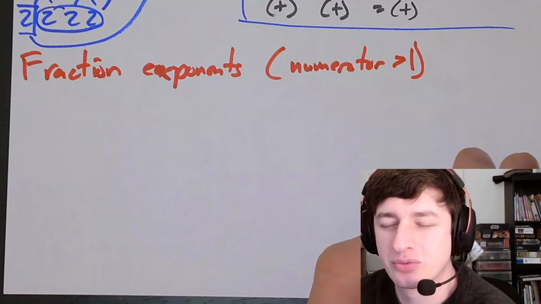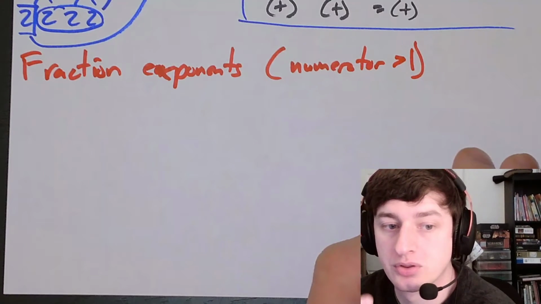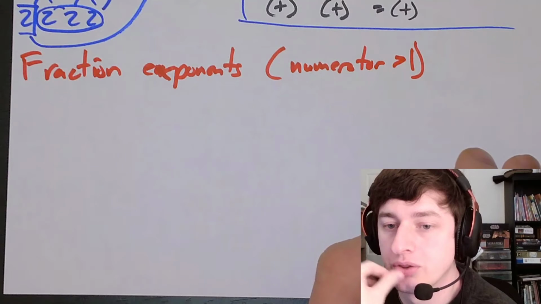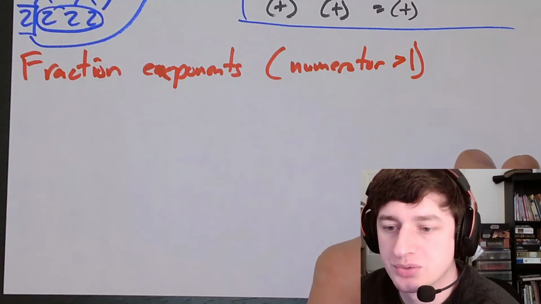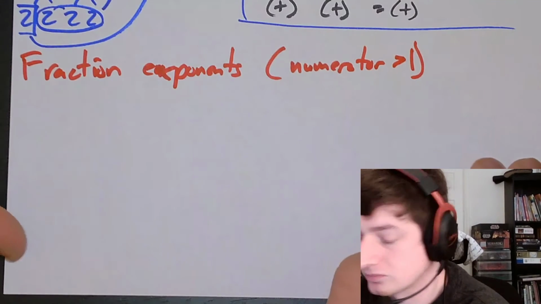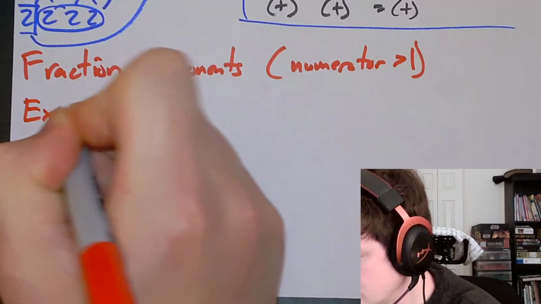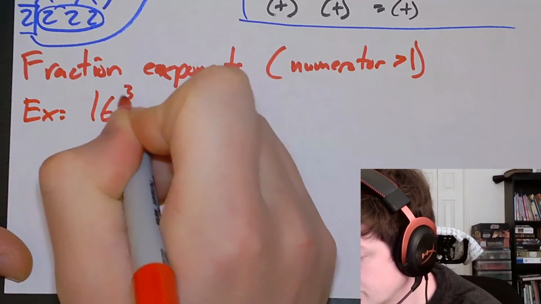So we have things like 3/5, 2/3, 3/2, 3/8. Those kinds of fractions that don't reduce or simplify at all. That's just the fraction. And so here's my example. 16 to the 3/2.